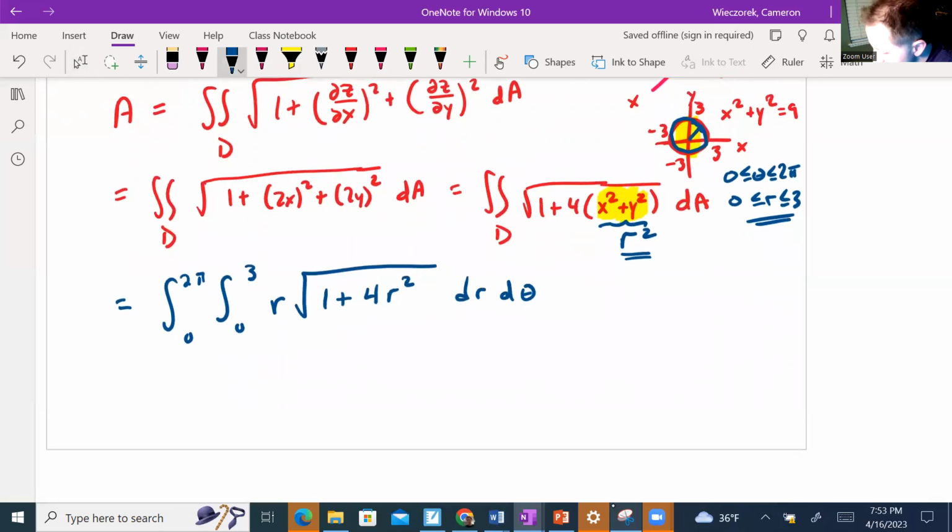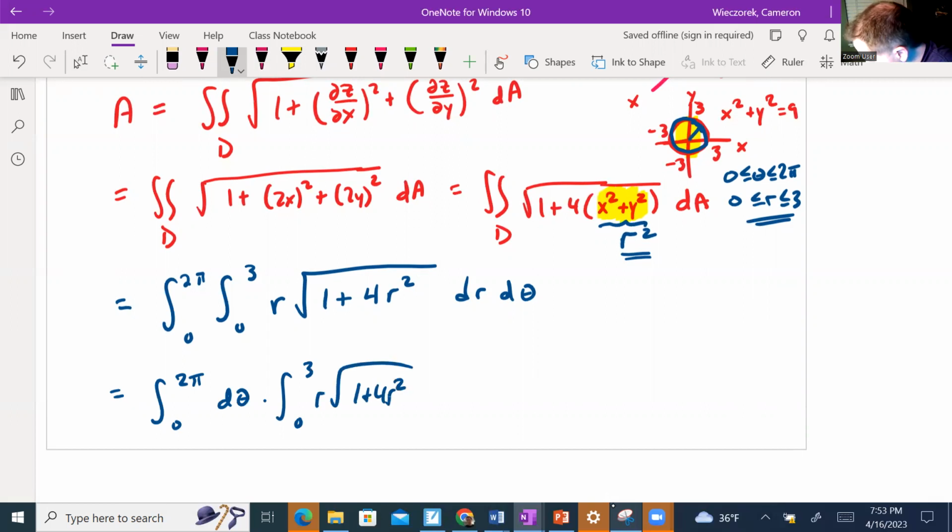Remember that property, you can split this up since it's numerical bounds and it's a product of a function of r, and the function of theta would just be 1. So this would be dr. So definitely this part in front is just going to give us 2 pi.